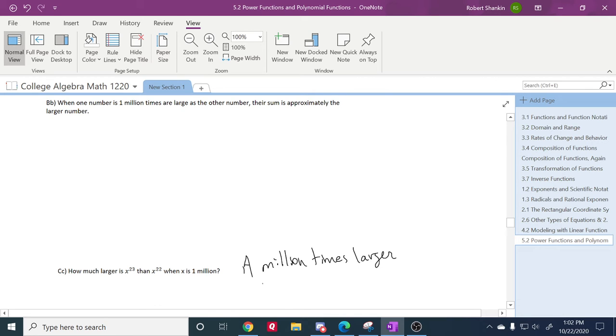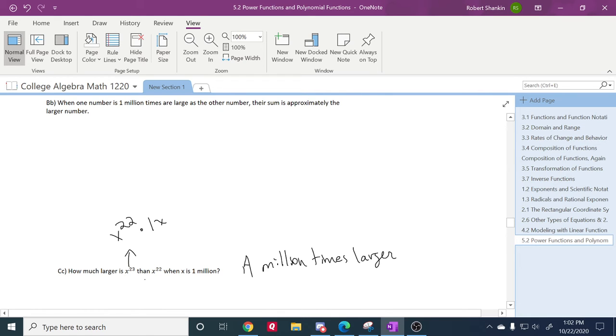That's right. Very good. X to the 23rd is really x to the 22nd times 1 more x. But when x is 1,000,000, that times 1 more million, this is 1,000,000 times larger.